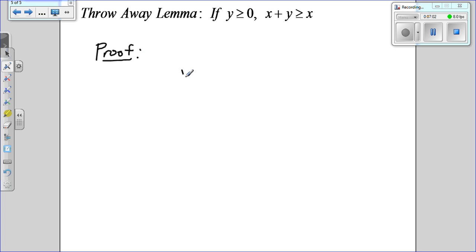So let's start with what we are given: y is greater than or equal to 0. Let's use the addition property of order and add x to both sides.